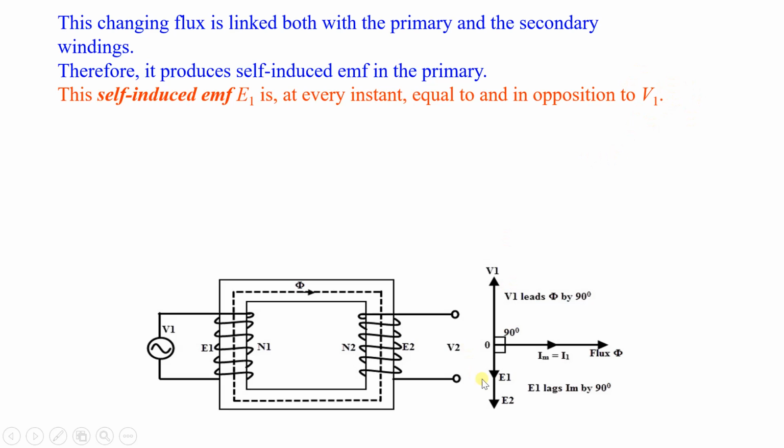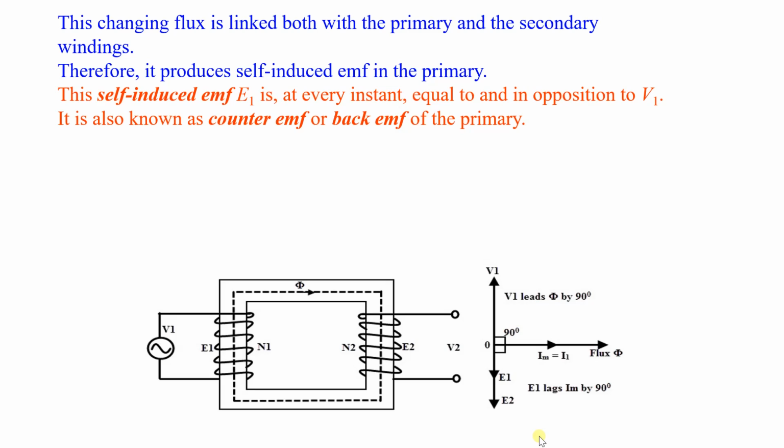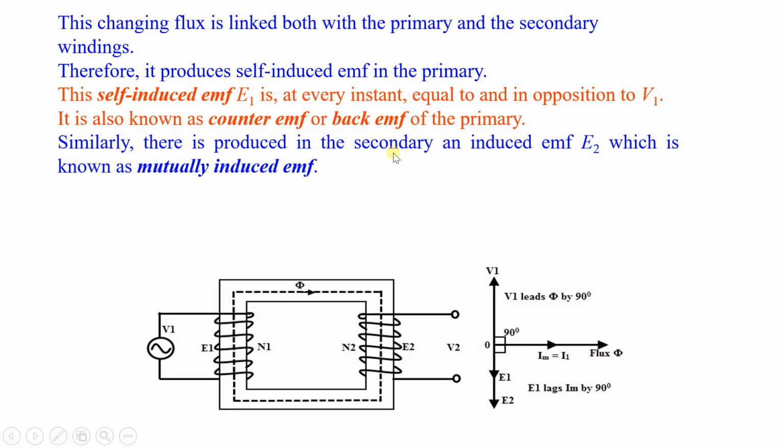That is why we are considering V1 on the positive side and E1 on the negative side. It is known as counter EMF or back EMF in the primary. So the self-induced EMF E1 is also known as back EMF.